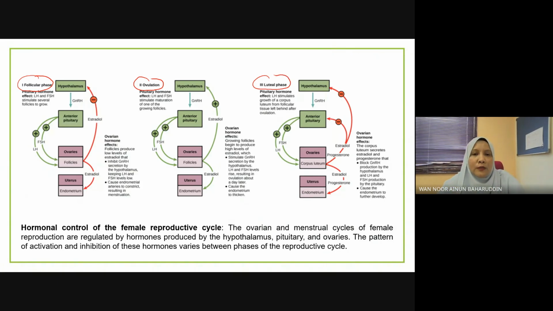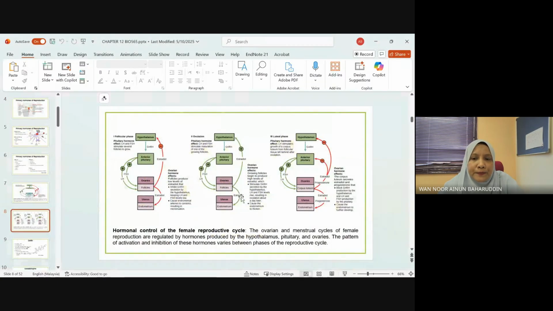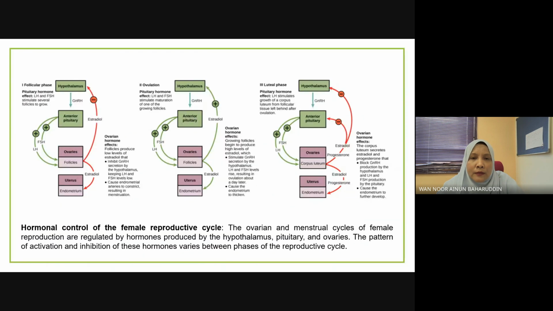So what I want to highlight here is the most important hormone that you should consider, okay?